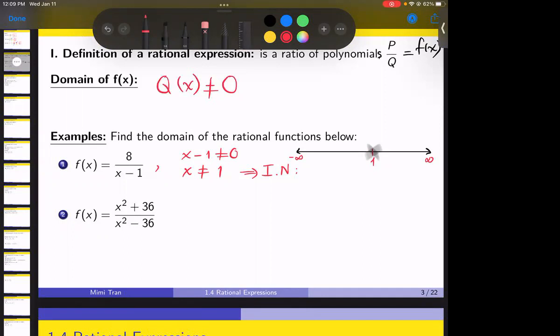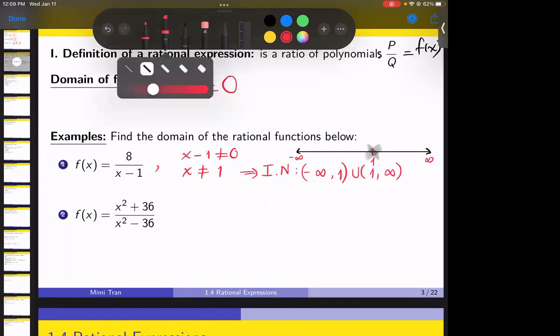The 2, right? I'm going from negative infinity to 1, and I gotta use parentheses because I'm not including 1. Union 1 to infinity. Is everybody comfortable with this? It's the interval notation.